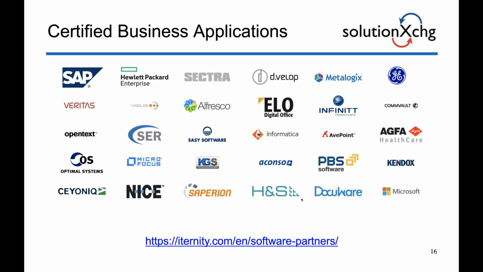Just to highlight again that the iTernity software supports a large number, over 140 different business applications. You can go to the URL listed below on the iTernity website to look at different ones. To highlight just a few that are relevant for SAP itself: the SAP ContentServer, OpenText, Documentum by OpenText, PBS.